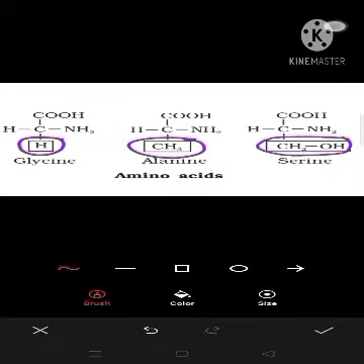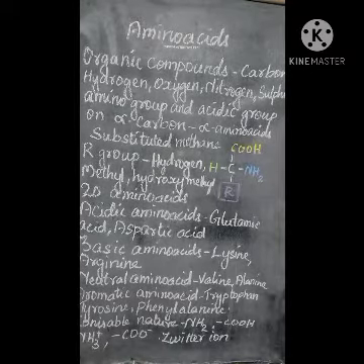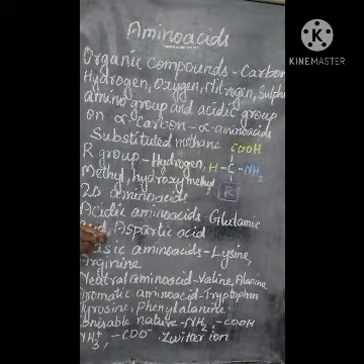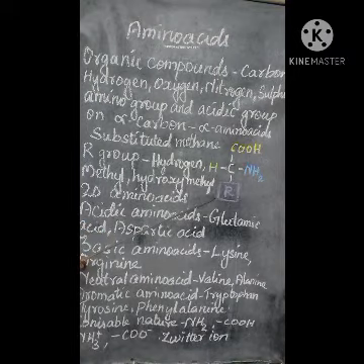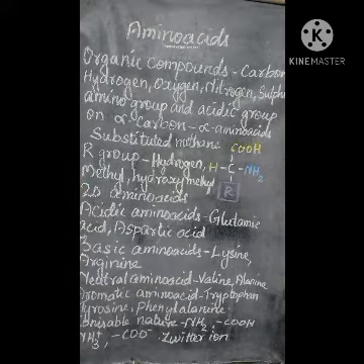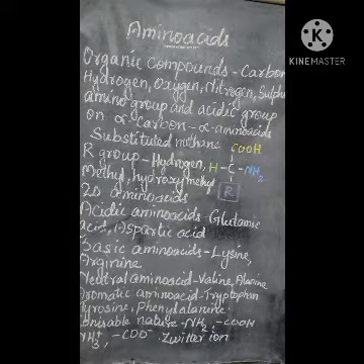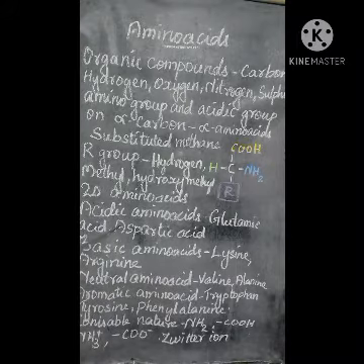Okay. The physical and chemical properties of amino acids depend upon 3 functional groups, that is carboxyl group, amino group and the R group. Now based on the number of amino groups and carboxyl groups present in the amino acids, the amino acids can be acidic amino acids, basic amino acids and neutral amino acids. Now what are acidic amino acids?